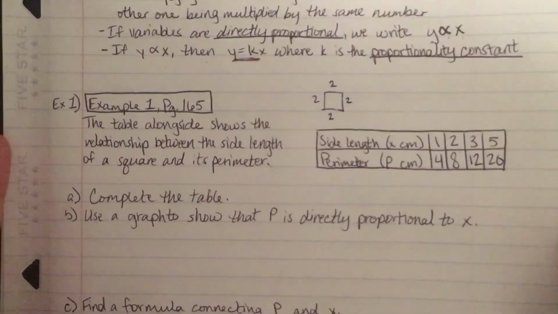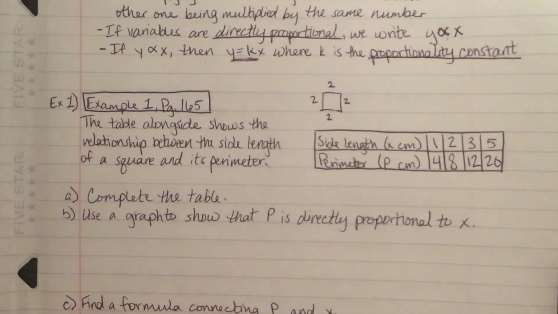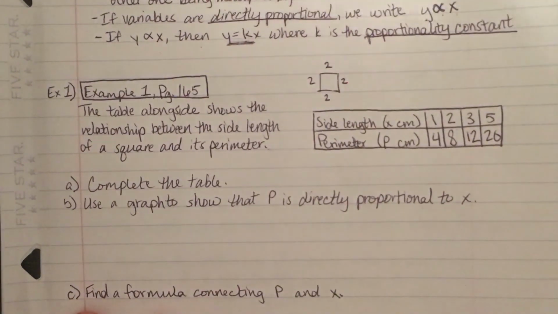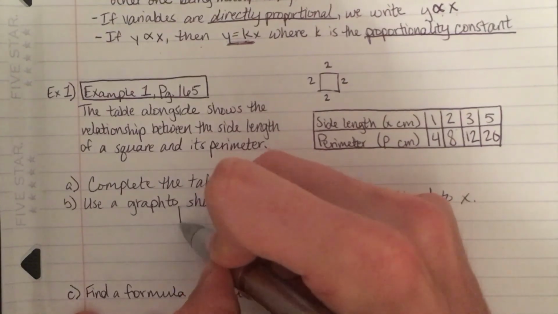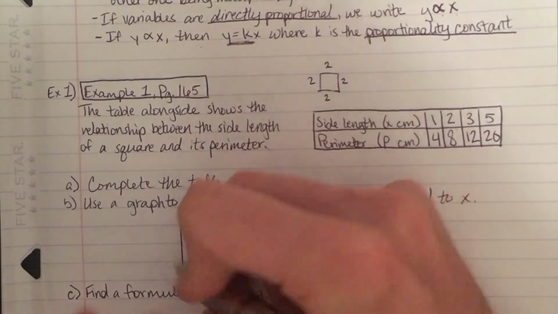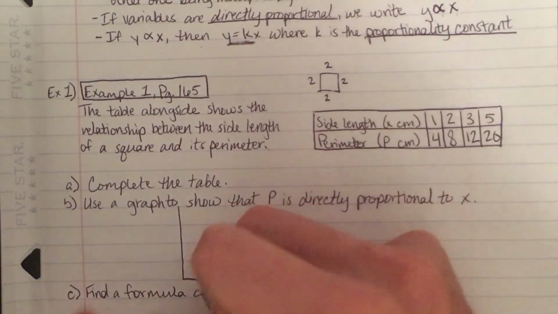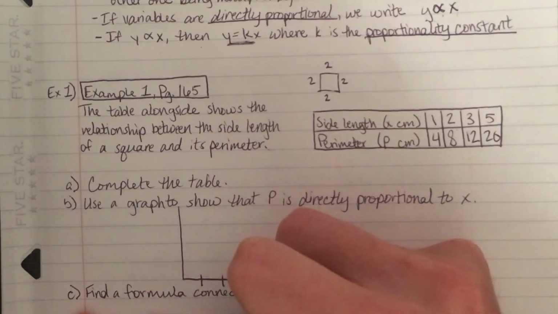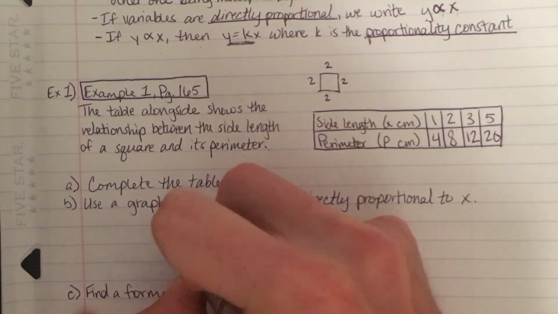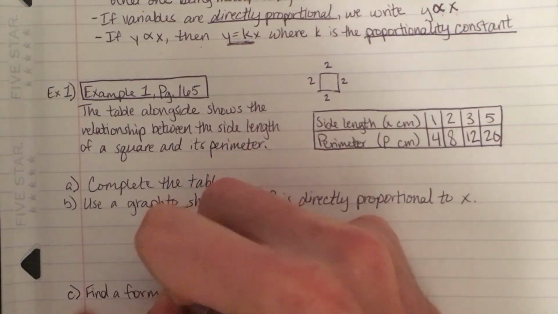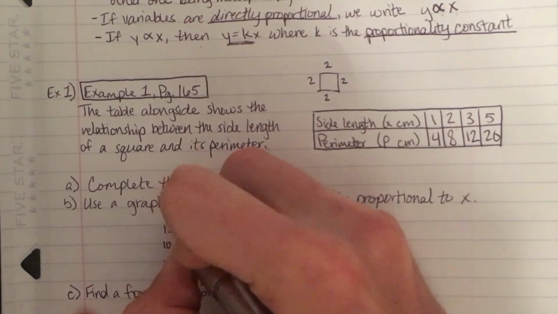And so what we're going to do is use a graph to show that P here is directly proportional to X. So I'm going to make a real quick graph here. We're going to scale it. So let's see, 2, 3, 4, 5, and we're going to go by 5s here: 5, 10, 15, 20.